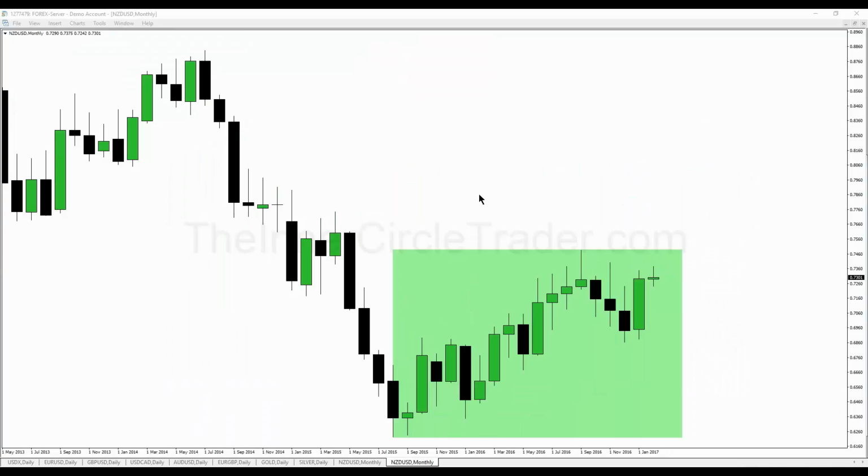Okay, so we're looking at the monthly chart of the New Zealand dollar versus the US dollar. And I want to take your attention to the low that was formed here and the high that was formed here.